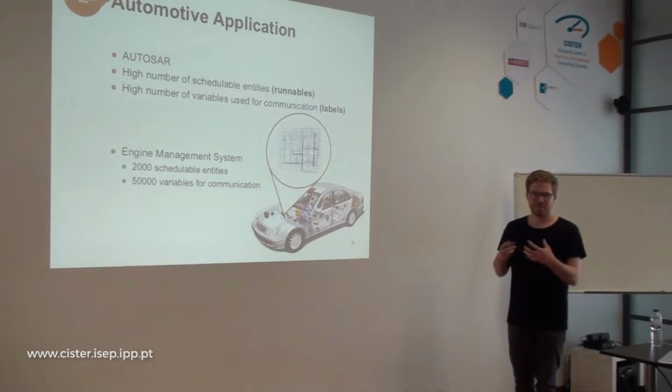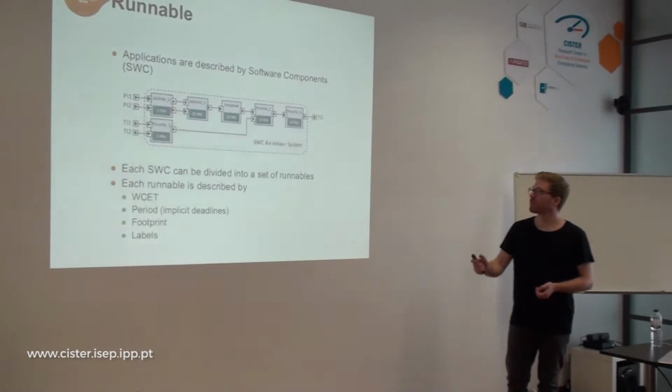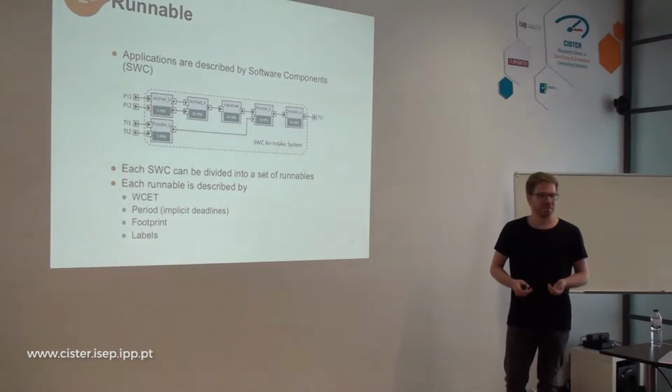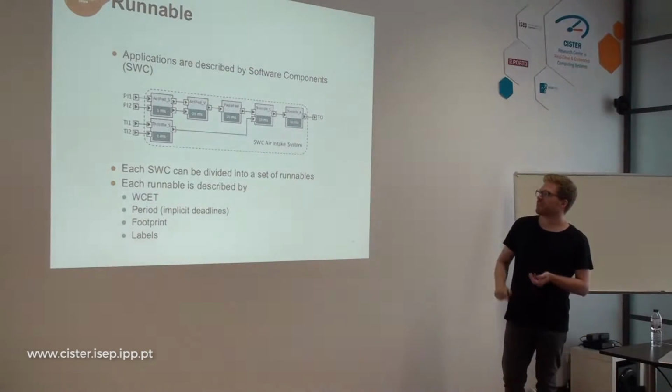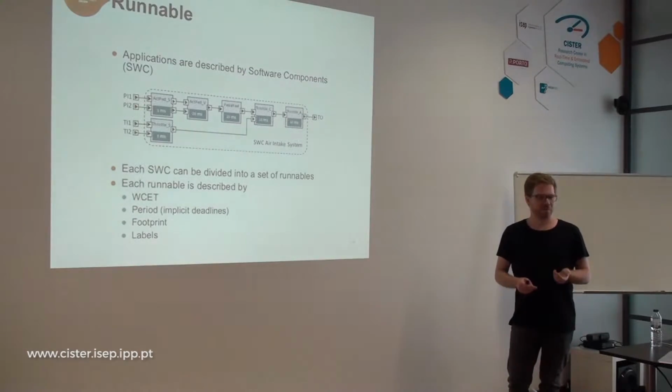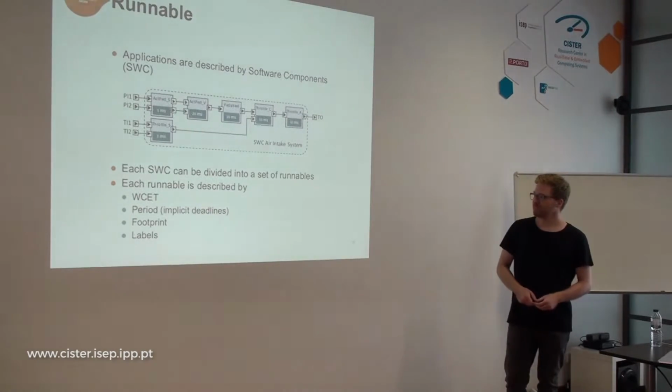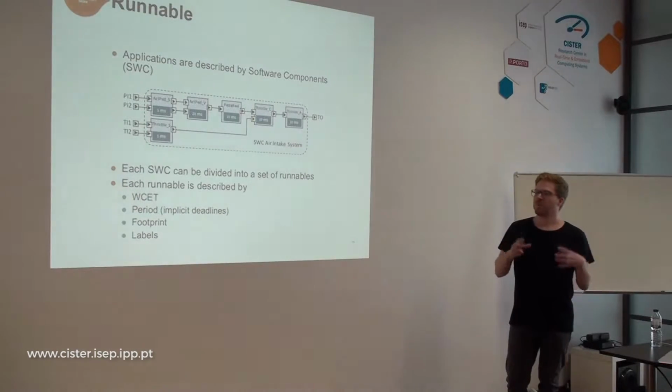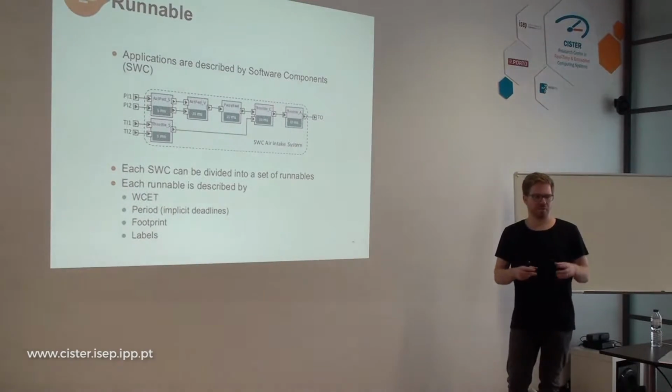So it's a lot of stuff going on there. Usually runnables are not what the system engineer is working with. System engineers work with software components because they're reusable. And the software component is in turn built up from several runnables to fulfill its functionality.